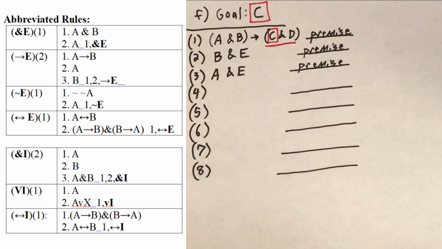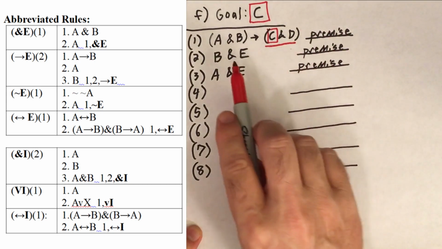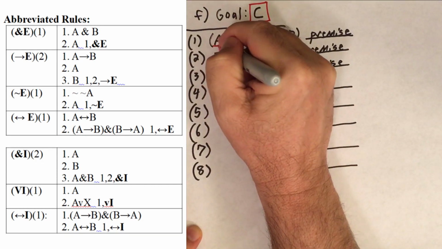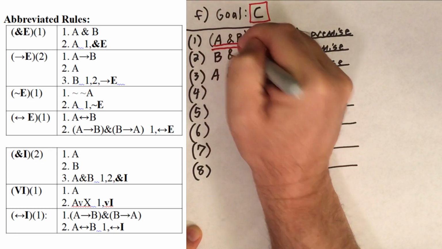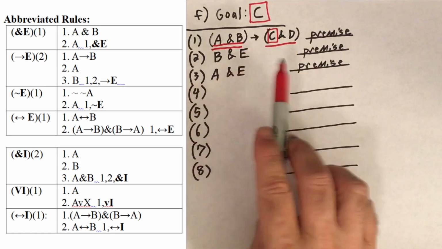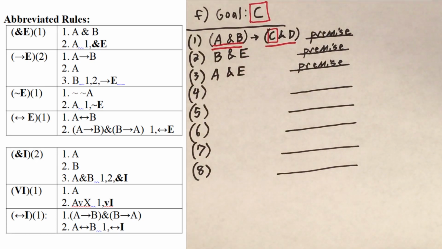So now I have my subgoal. I know the conditional is true because it's given to me as a premise, but I can't take the right side until I've proven the left side. So now I am simply looking for my sub-goal, and I ask again, do I see my sub-goal in my premises? Let's see. I don't see A and B by itself anywhere, but do you see how I can create it?